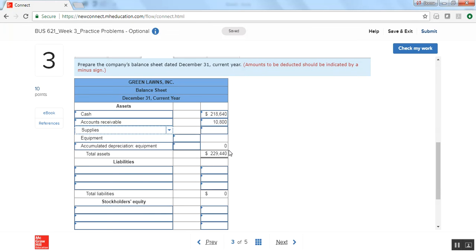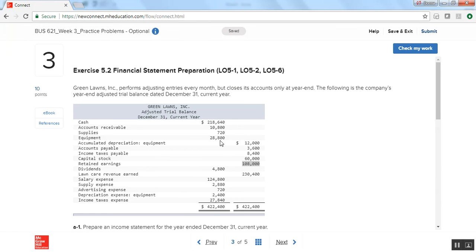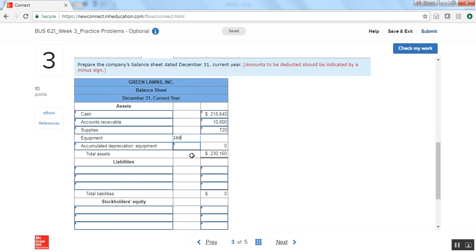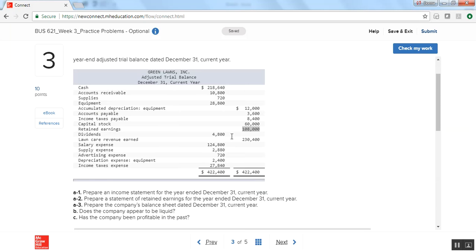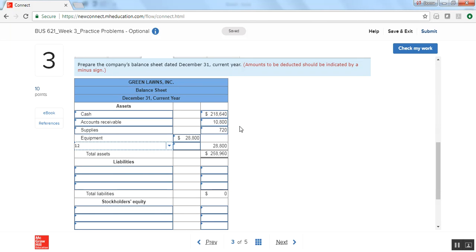Supplies 720. Equipment is 28,800. And our accumulated depreciation is an offset to equipment, so 12,000. That needs to be put in as a negative amount, because amounts to be deducted should be indicated by a minus sign. So this is actually minus 12,000 because it's an offset to equipment. So you could see it's 16,800. So our assets are 246,960.